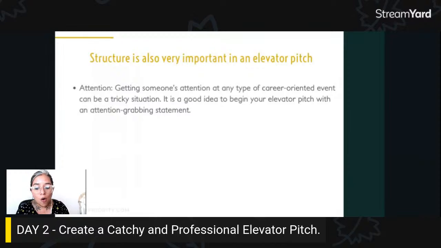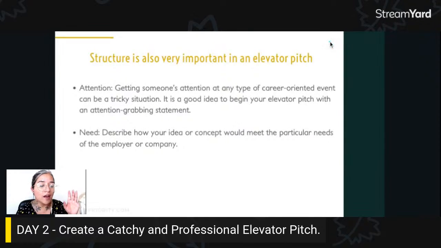And then we have to find a way to connect that to the elevator pitch. Right? So obviously it will depend on the context. It will depend on the person you're talking to. It will depend on the industry, it will depend on your purpose for communicating with that person.